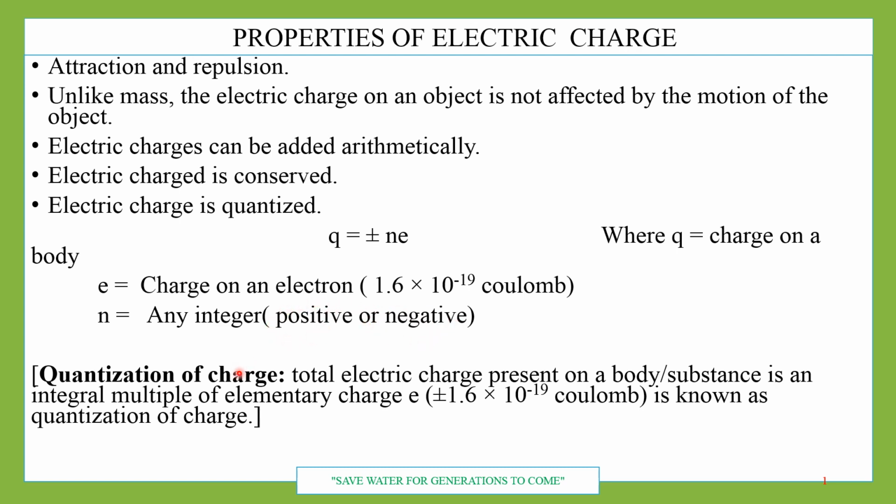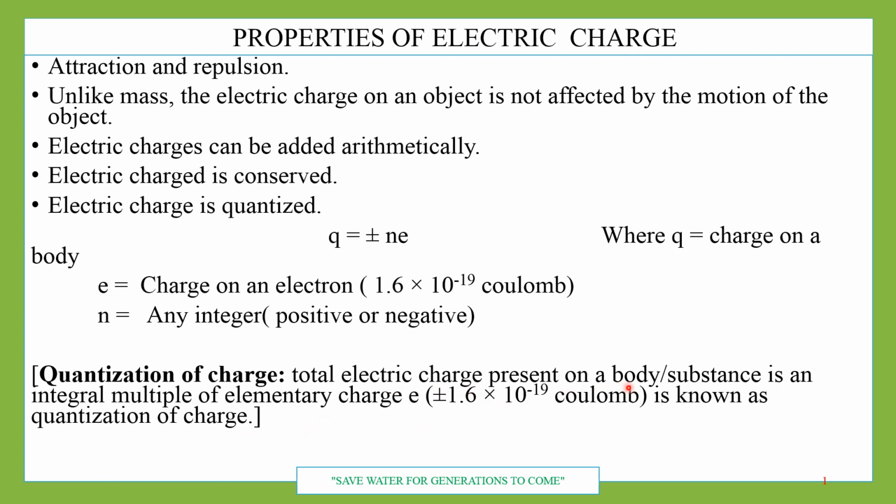So quantization of charge means the total electric charge present on a body or substance is an integral multiple of the elementary charge. It can be twice of this, thrice of this, 5 times of this. Okay, this is known as quantization of charge, right?